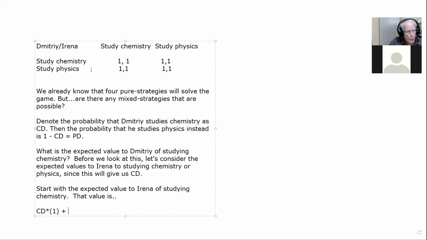The other possibility is that Dimitri studies physics, not chemistry, with the probability of 1 minus CD, and then Urbana receives 1 point. So CD plus 1 minus CD is equal to 1, the expected value.